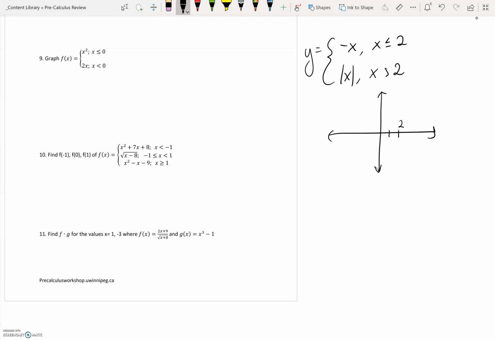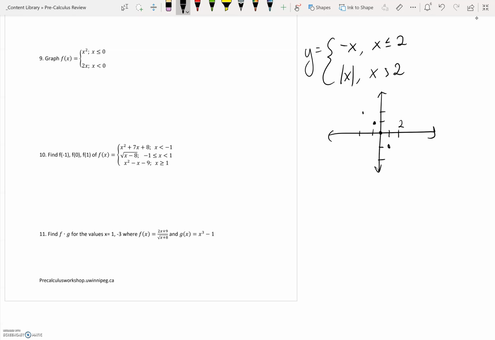Now I'm just going to draw my y equals negative x graph, but stop right when we hit x equals 2. So I have a negative slope, and my slope is 1. So I have a point at 0, 0, negative 1, 1, and so on.